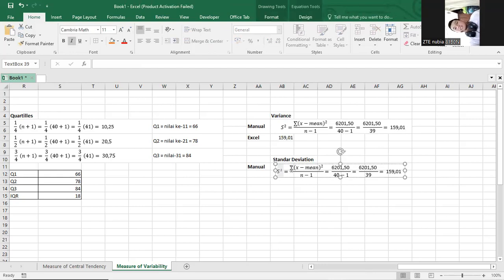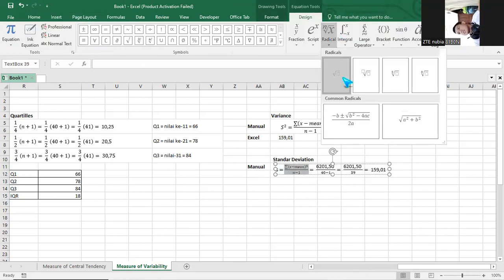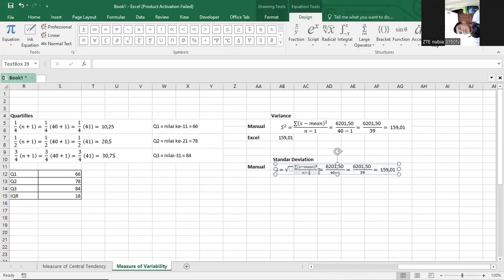So for the way, we do it first like this. We type equation here and choose the radical one. And we just move all the data to this. Yep.